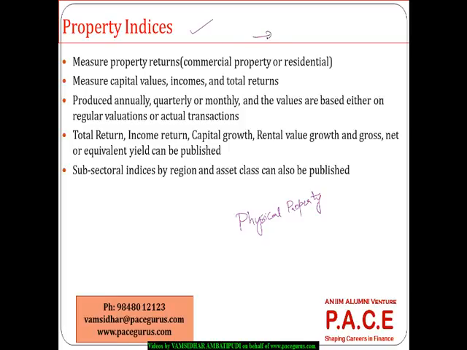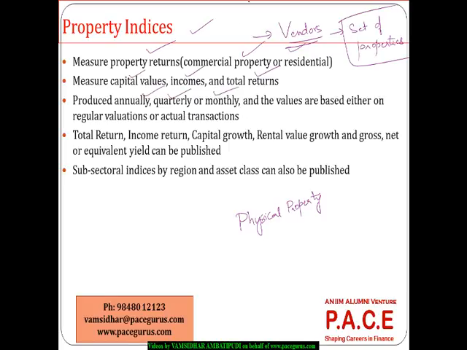There are some commercial vendors who are typically publishing the property indices based on a set of properties, a big list of properties that are included as a part of that property index. So they are measuring the property returns both for commercial as well as residential. They take care of capital appreciation values, the income generation as well as total returns. They are published on an annual or quarterly or monthly basis.